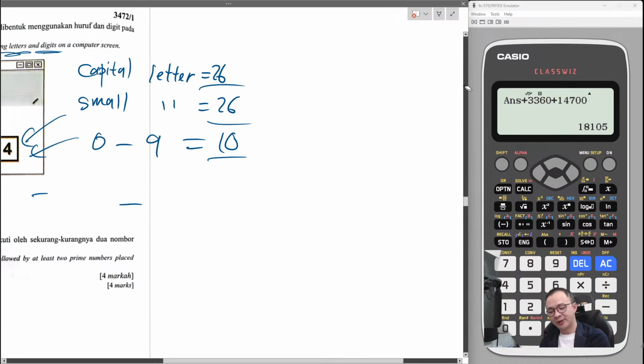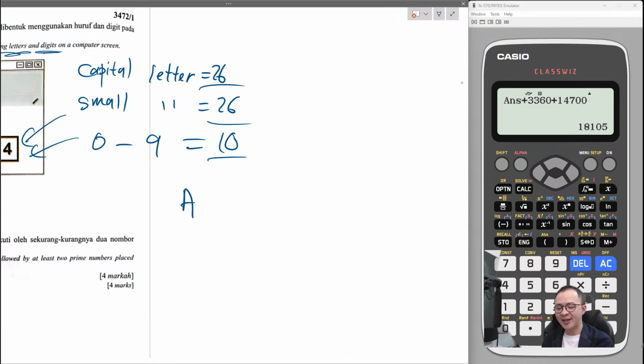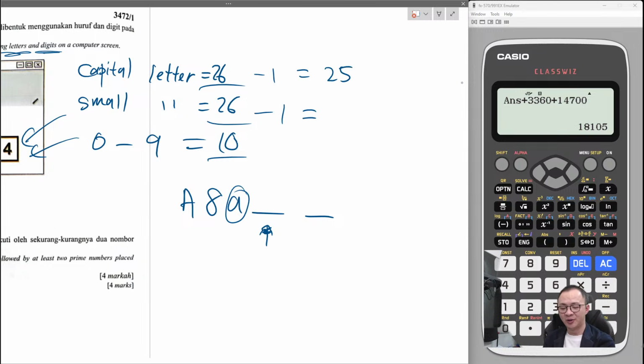So let me write here A, and A. That means without repetition here. Of the 26 capital letters, I already used 1, capital A, so I have 25 left. Small letter, I used 1 also, small a, so I have 25 left. Numbers, got 10, I used 1, which is 8, so I have 9 left.